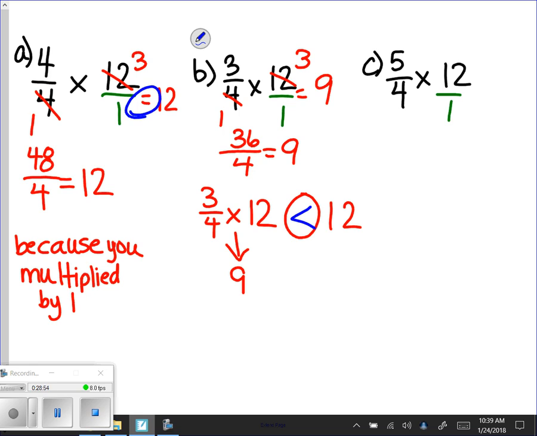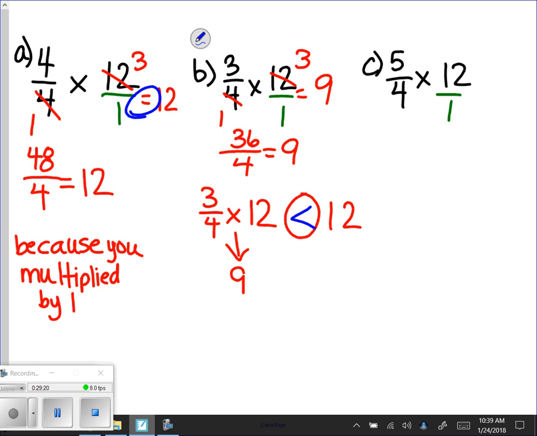Now, do you know why? Because I still have 12, I still have 12. Do you know, I don't want to say understand because we haven't really discussed it, do you know why this time there's a precise reason we ended up with our product being less than 12?